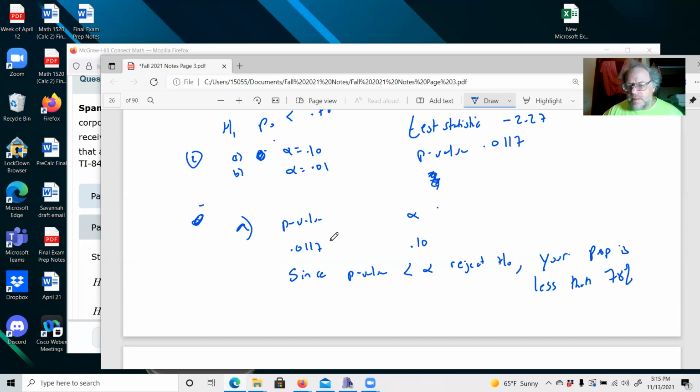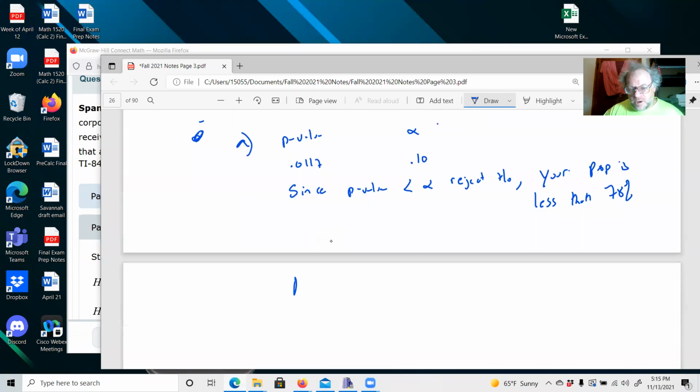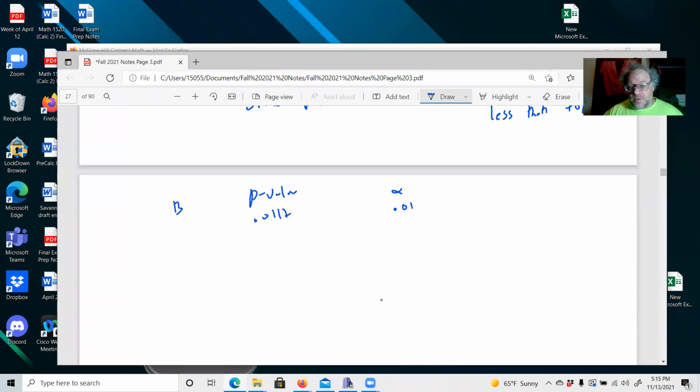All right. Now we're going to do our p-value for the next one, and alpha, part B. 0.0117, this doesn't change. But our alpha, our standard as to what is unusual, that is now changed. So 0.0117 is bigger, smaller, or too hard to tell than 0.01?